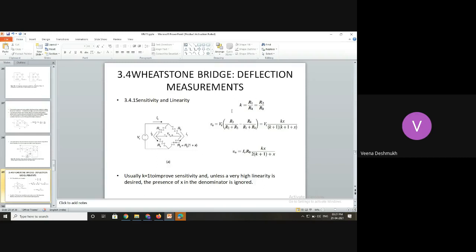And in most cases it is kept 1, such that any variation changes it to some fraction, and that results in the voltage difference here. So usually this is maintained at 1. And here you can see the typical bridge where the voltages are sensed.